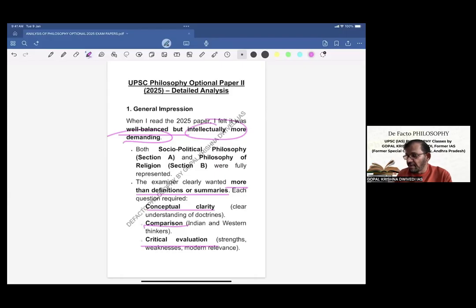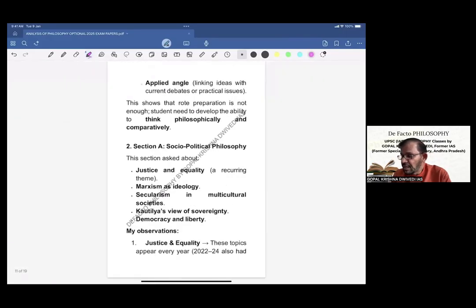So that kind of critical evaluation is required. And then the applied angle is also important: linking ideas with current debates or practical issues. So what does it mean? That rote preparation is not enough. Students need to develop the ability to think philosophically and comparatively, and I will also add critically.